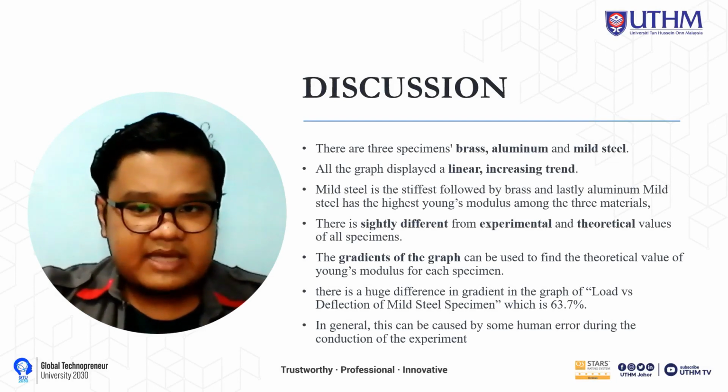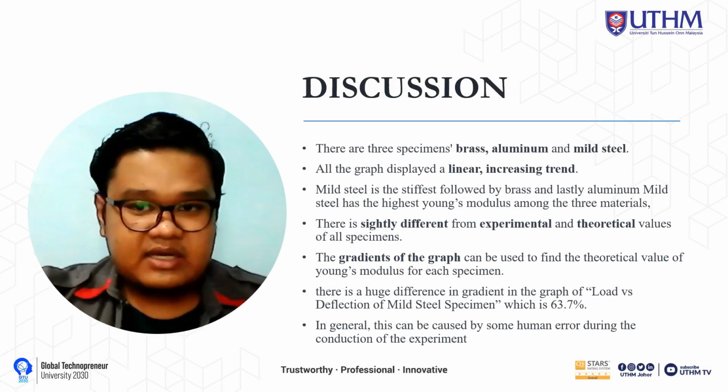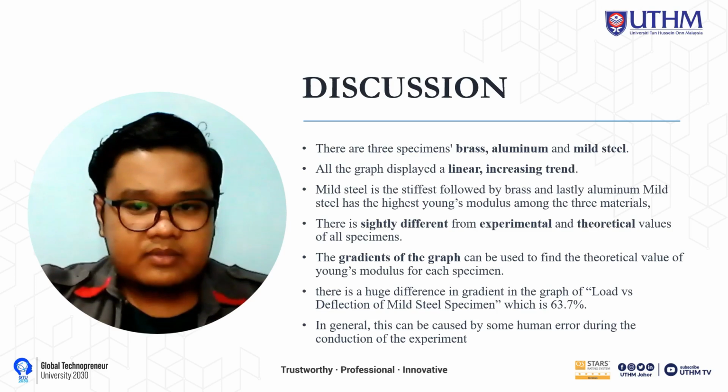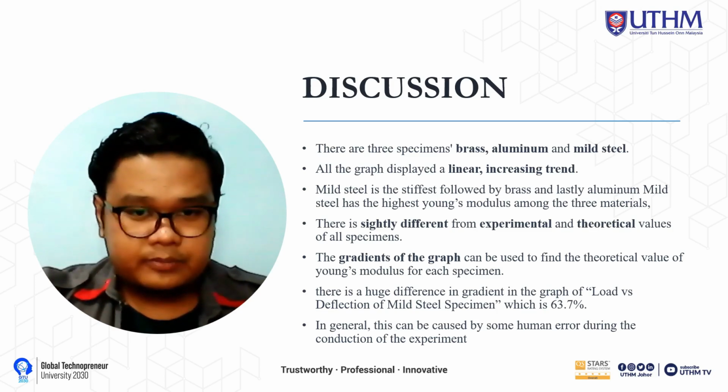Mild steel has the highest Young's modulus among the three materials, which indicates that the higher the Young's modulus, the higher the stiffness of the material, and thus the less it will deflect. Mild steel's Young's modulus is followed by brass, then aluminium, which completely proves the graph drawn.